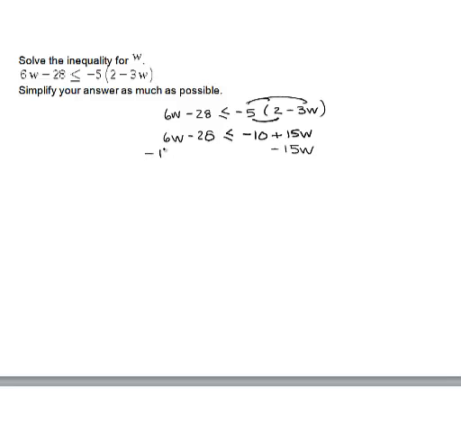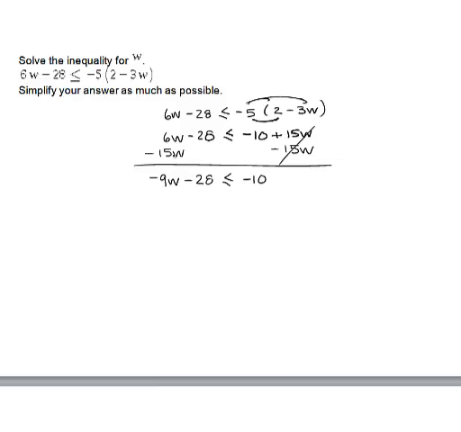So I'm going to subtract 15w from both sides. My 15w's cancel. 6w minus 15w is simply negative 9w, minus 28 is less than or equal to negative 10. All right. Notice how the inequality is getting a little bit simpler. It looks a little bit nicer, right?